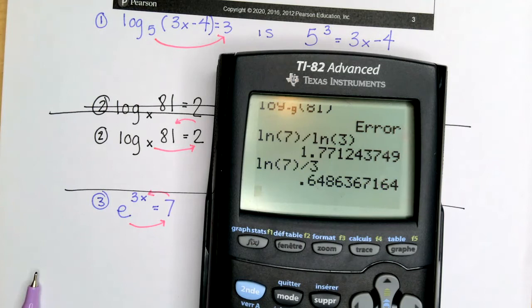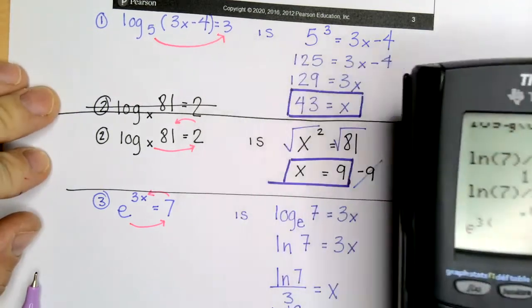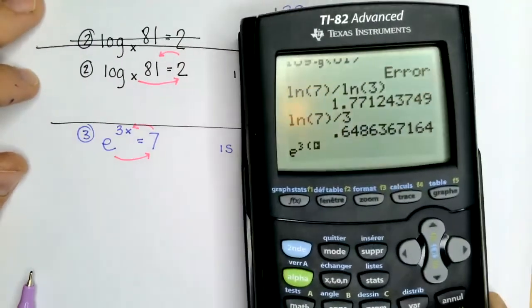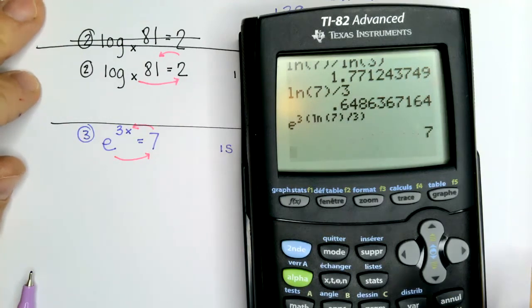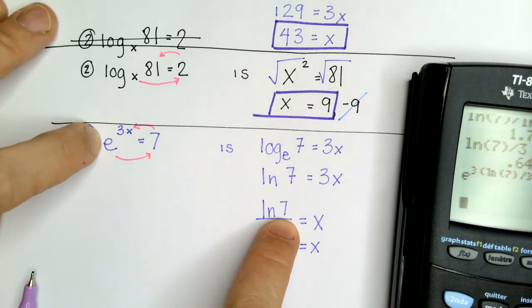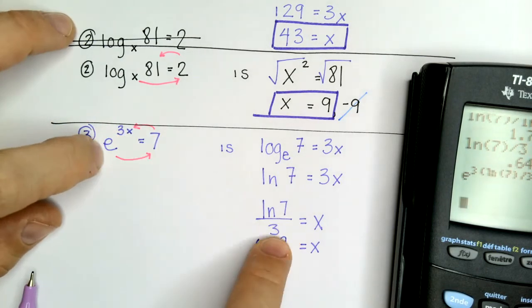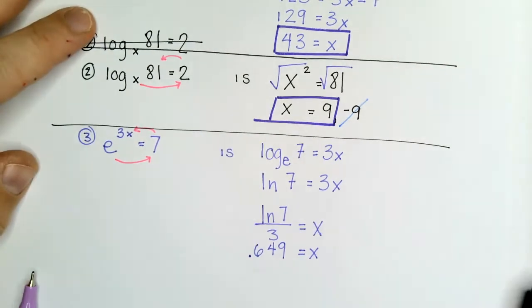So e to the x, I'm going to type in 3 times natural log of 7 divided by 3, and I get 7. And you can kind of see that, right? Because this is undoing this part, and then this is undoing this part.